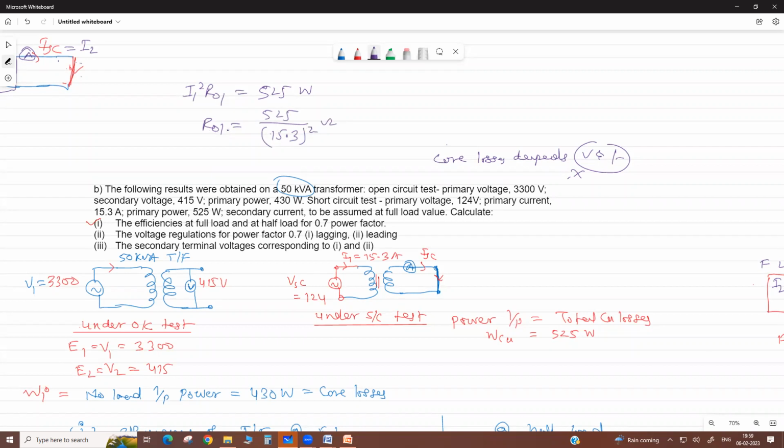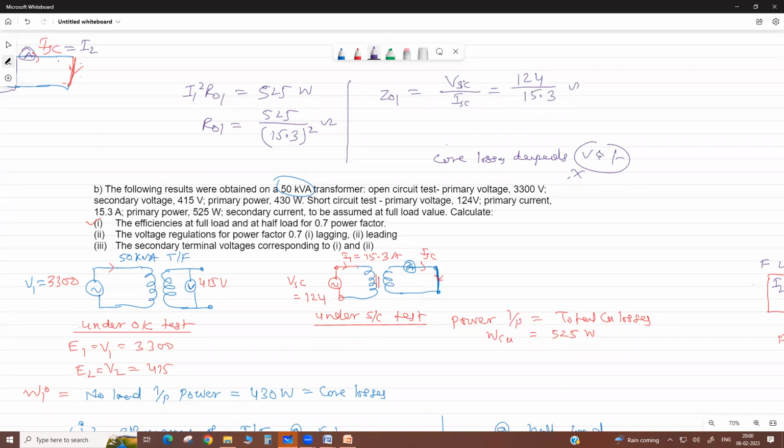Now R01 we calculated. Another thing, this Z01 total: if we apply the voltage at short circuit, the short circuit voltage divided by short circuit input current, this voltage is given. Voltage is given 124 volt in short circuit, divided by current 15.3.